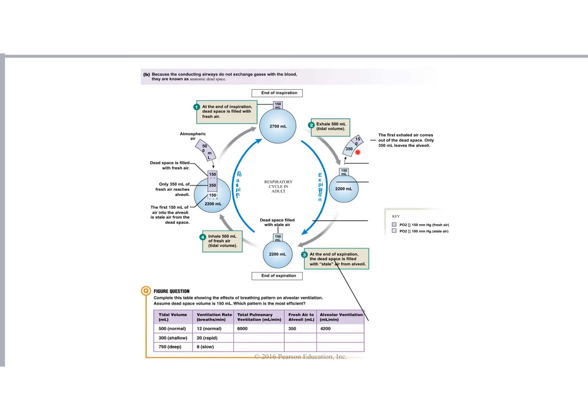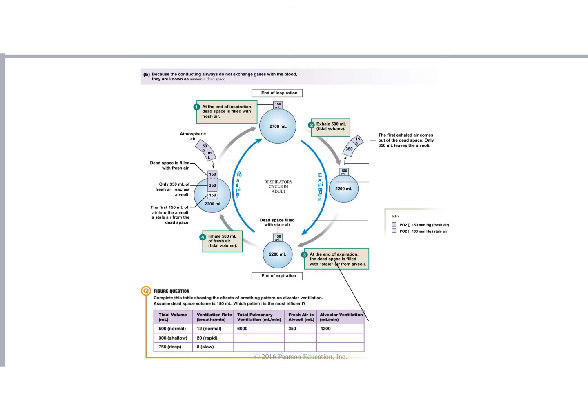That is going to be full of carbon dioxide and oxygen poor. And again, you still have air inside of the anatomical dead space, about 150 milliliters. This is going to stay there, and it's oxygen poor air. So then you start breathing air back in.